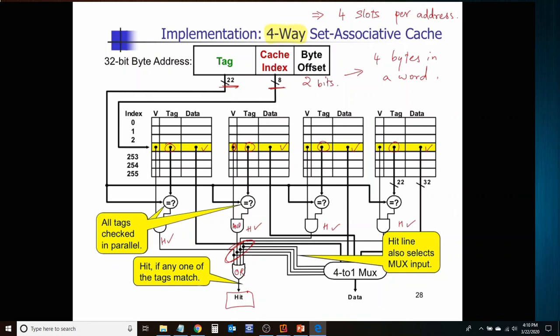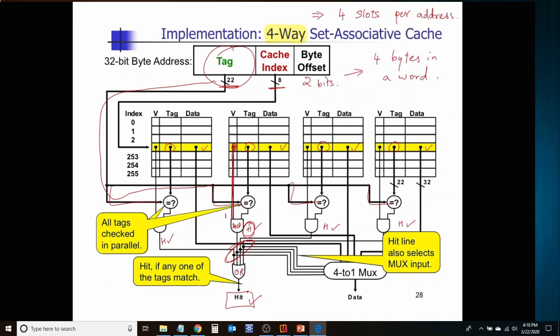We are looking at the valid bit, if that is a 1, and if the tag bits that are being checked in parallel in all those four comparators check out, then we will get one of these to be a hit. Obviously, only one of them is going to be high at any given time. And then that feeds into an OR gate, which tells us that you have a hit.